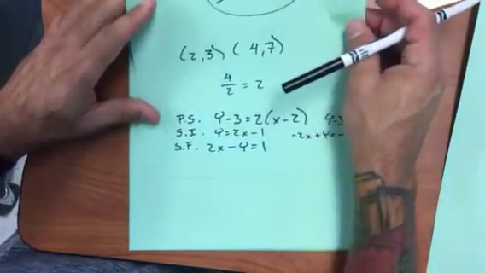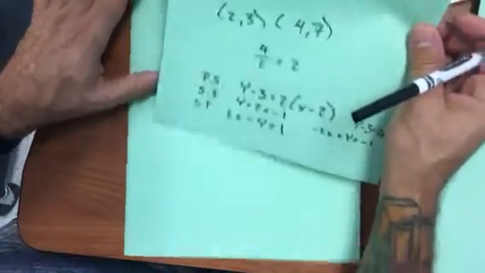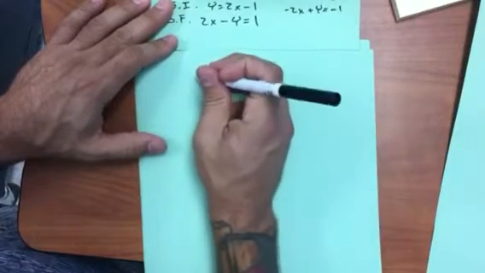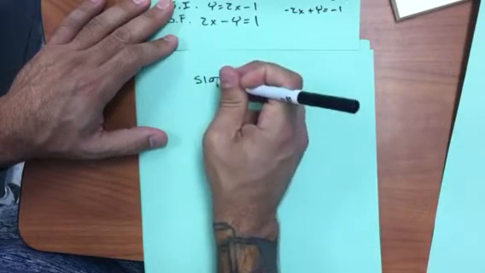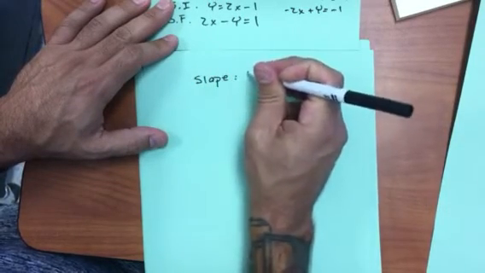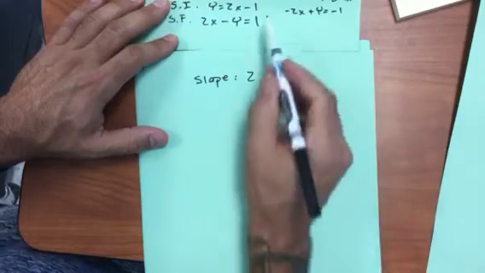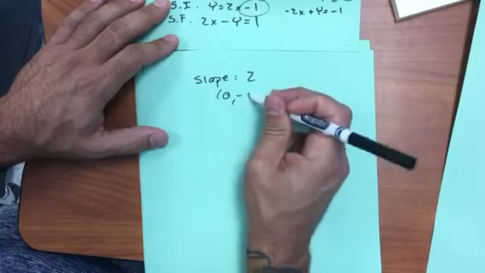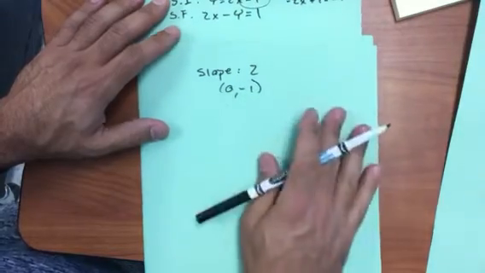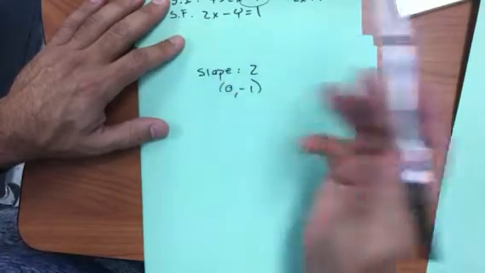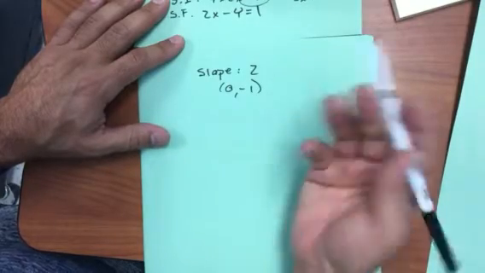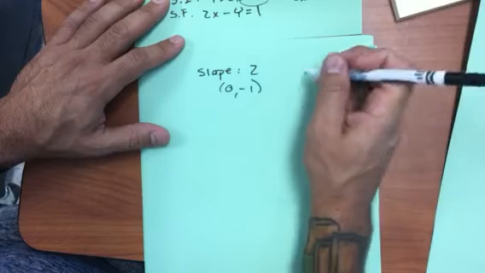The other things that I'm going to ask you guys for is to find the x-intercept, the y-intercept, and the slope. Slope I already found. The slope is 2. The y-intercept I found right here. The y-intercept is x is 0, y is negative 1. And then I'm going to find the x-intercept, or the zero, by plugging in 0 for y.